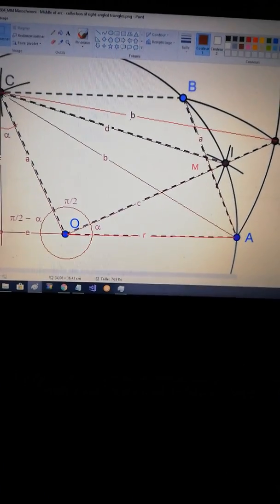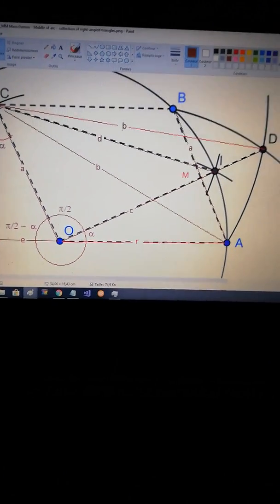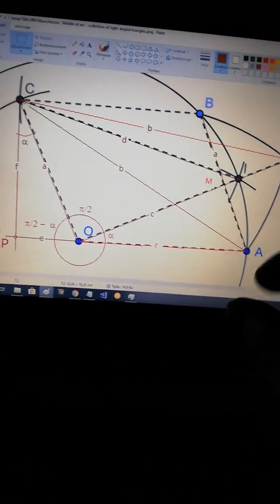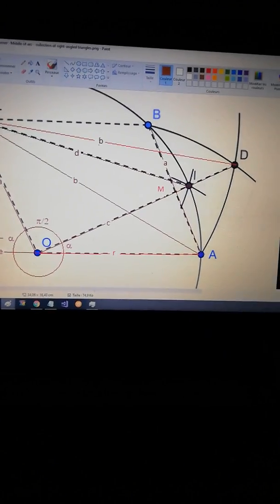So, what do I have to prove here? I haven't determined I so far.